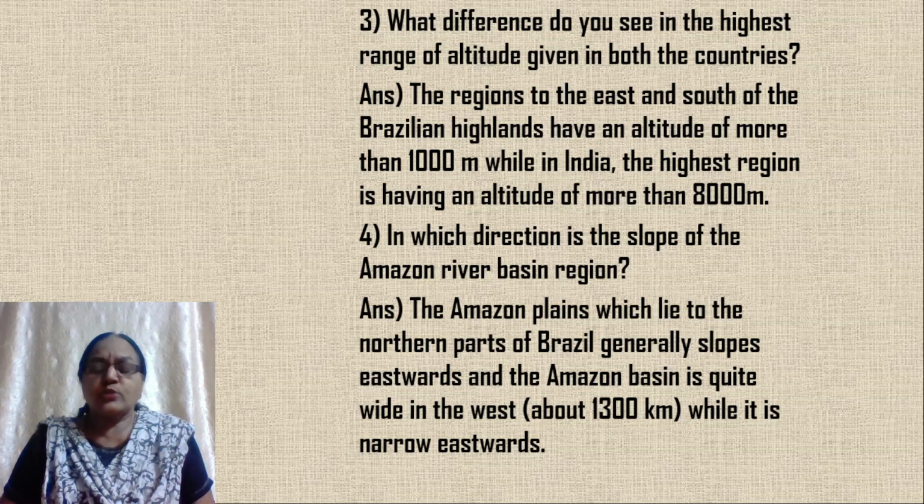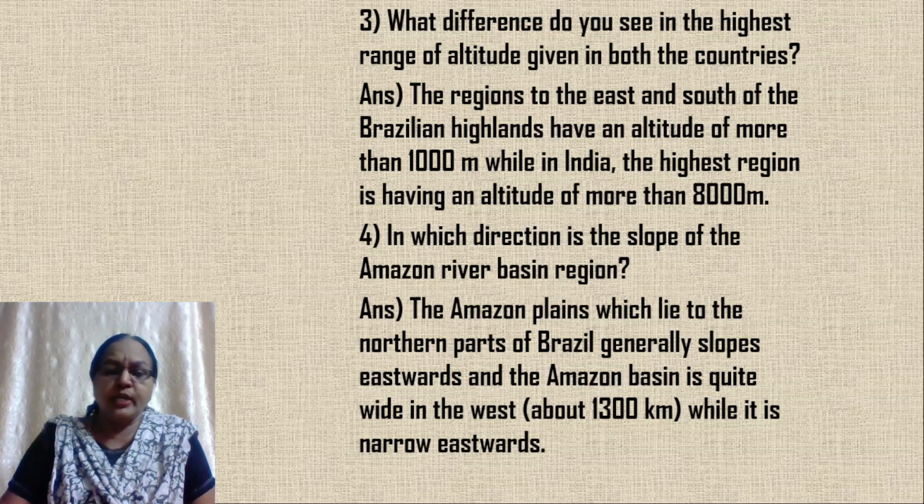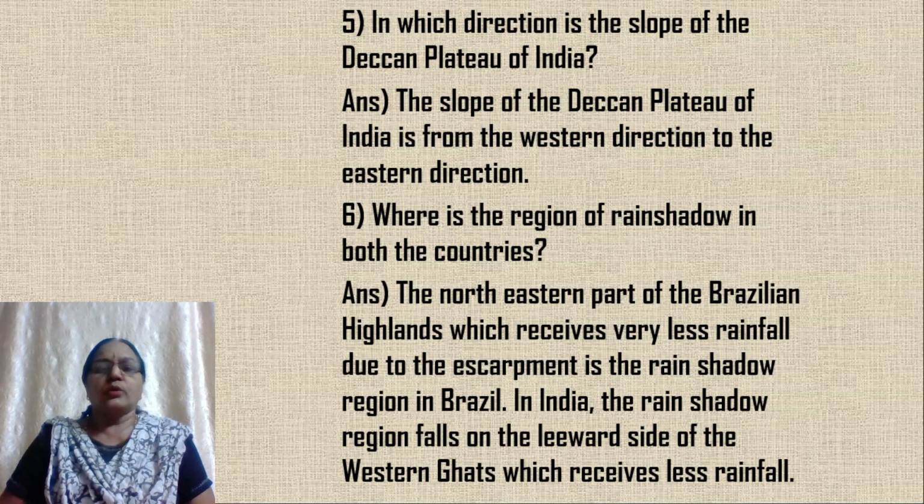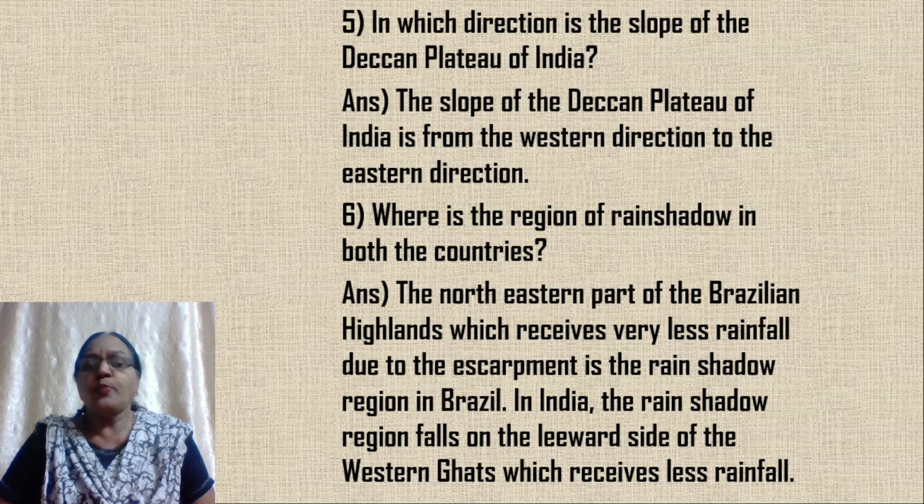Along the west we find its width is about 1,300 kilometers, whereas towards the eastern side it becomes narrower. Now in which direction is the slope of the Deccan Plateau of India?